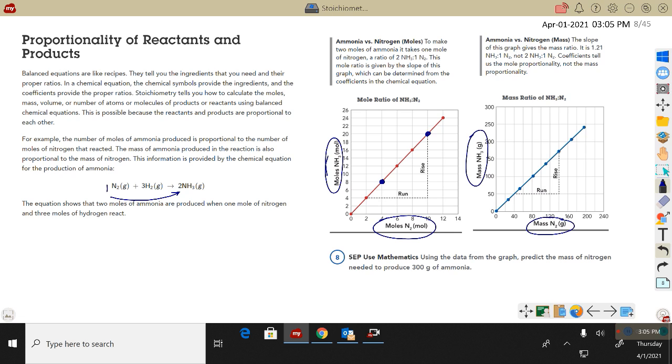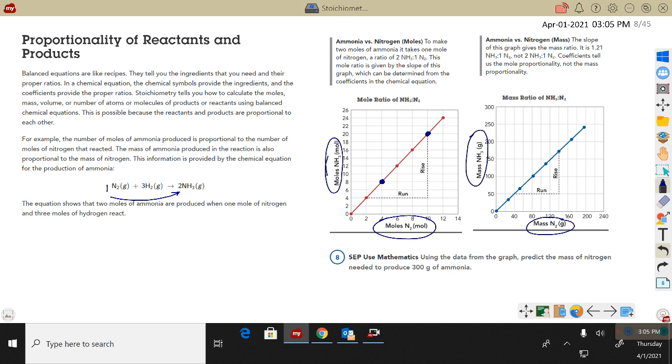When I graph moles, I always got a slope of 2, which was that ratio from the balanced equation. That is not the case when I directly graph mass. If you look at rise over run, this is not a slope of 2.